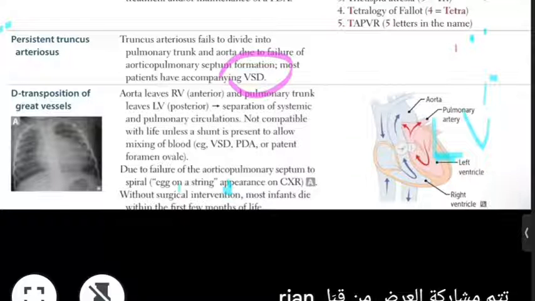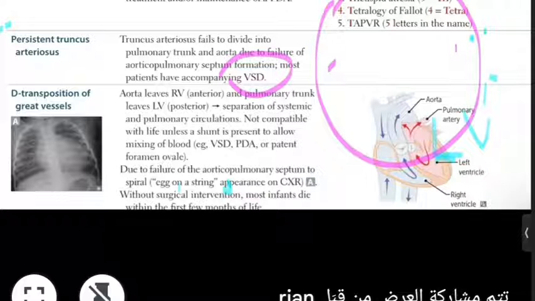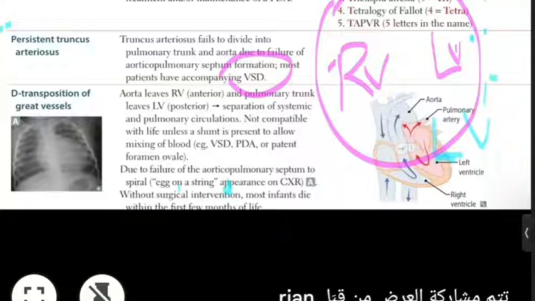So like this, you'll have the heart with only one truncus. Here you have the right ventricle, the left ventricle, and here you have the pulmonary and aorta in the same blood vessel. Most of them will also have a ventricular septal defect, which is a defect in the interventricular septum, the septum between the ventricles.